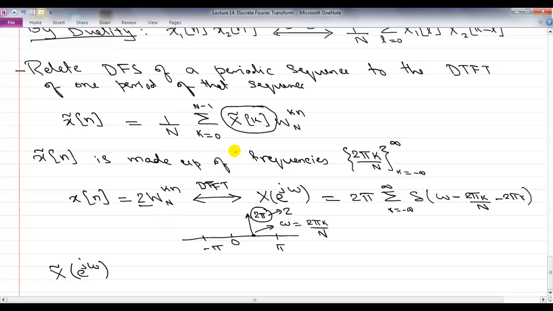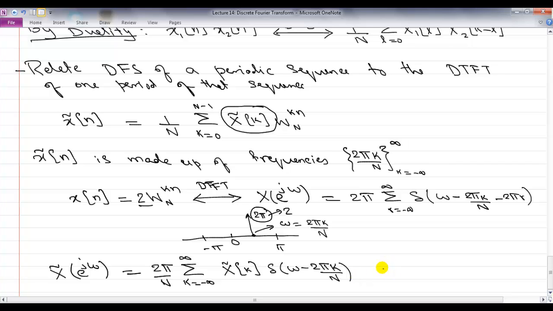Because that meant that the contribution of this frequency is twice the normal contribution. So similarly, if I think of this, I have 1 over n comes from this, 2 pi comes because of the fact that we are dealing in radians. So I have 2 pi over n summation k from minus infinity to infinity, X tilde of k is the area of my impulse times delta of omega minus 2 pi k over n.